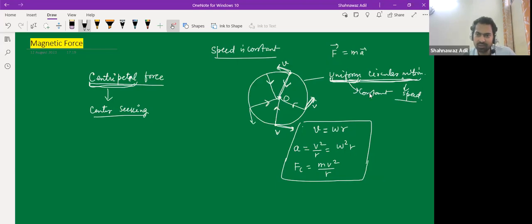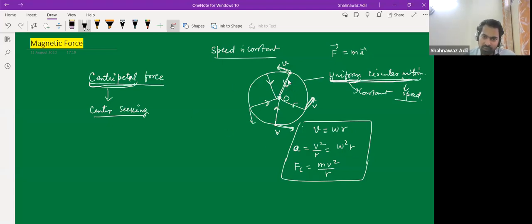Uniform means constant speed, but the direction is changing. At each point, direction is changing, but the magnitude is always the same. Because the direction is changing, you have some acceleration, and that acceleration is v square by r, which is omega square r.